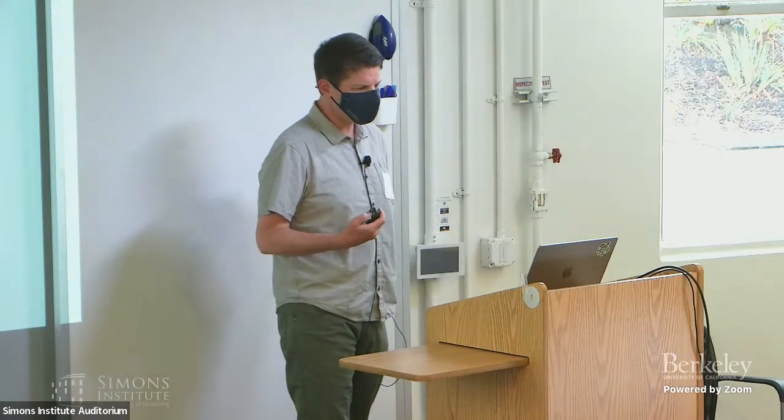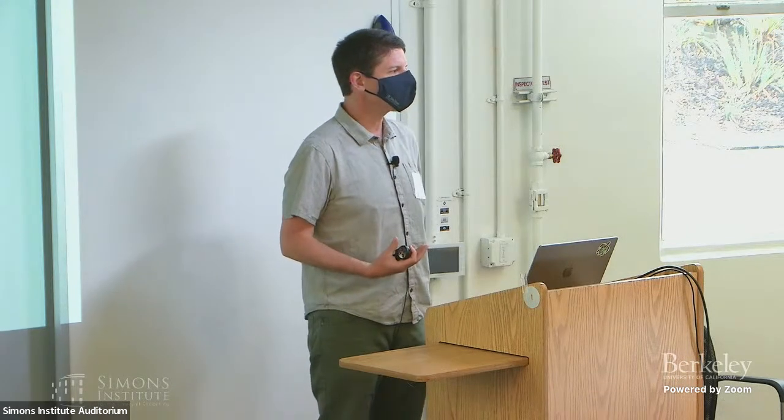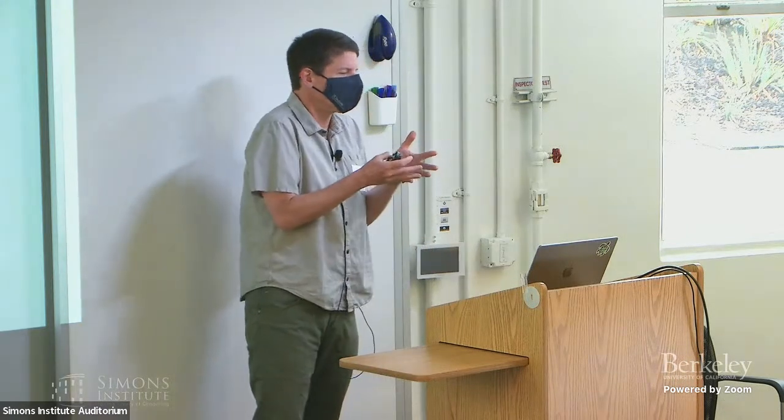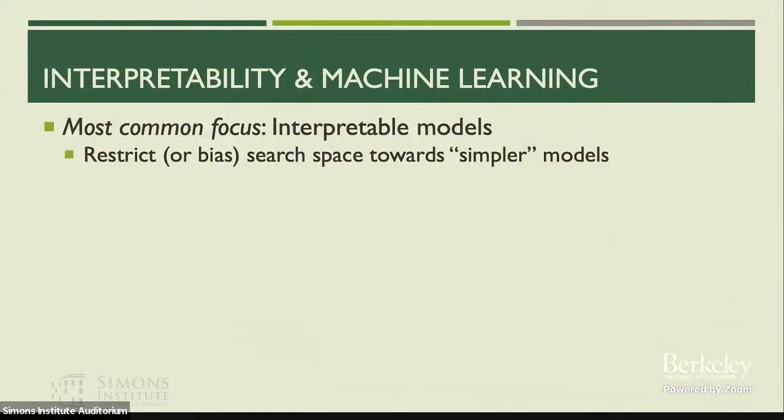In particular, people will in various ways restrict or bias their search spaces to only be a subset of the possible models. So the kind of classic, oh, I'm going to only consider linear models or additive models, or additive with smooth transitions, or whatever it may be. And maybe it'll only be a bias.